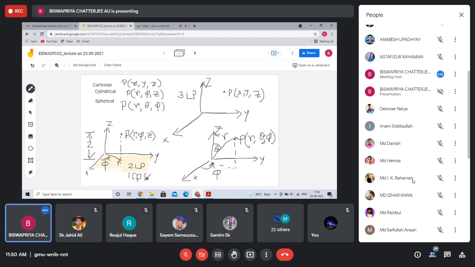In the spherical system, we generated one linear plane and two curved planes. So we started from all linear planes, then the linearity reduced: two linear planes and one curved plane, and finally one linear plane and two curved planes. I also mentioned that this is not the end.